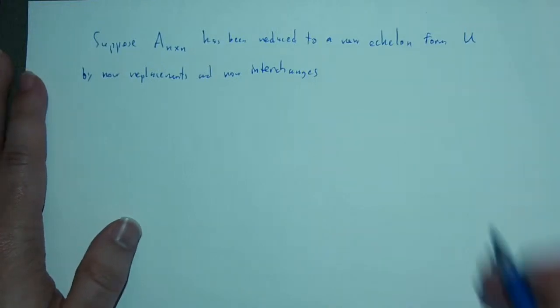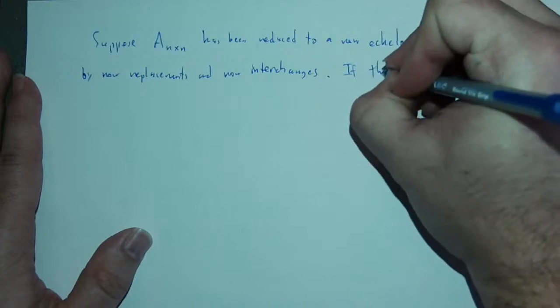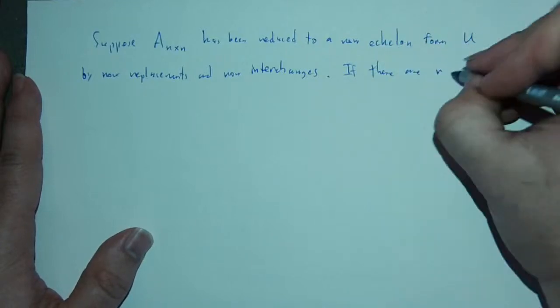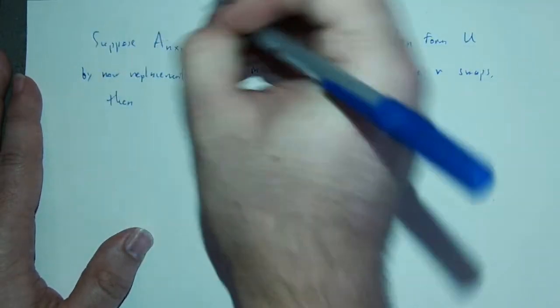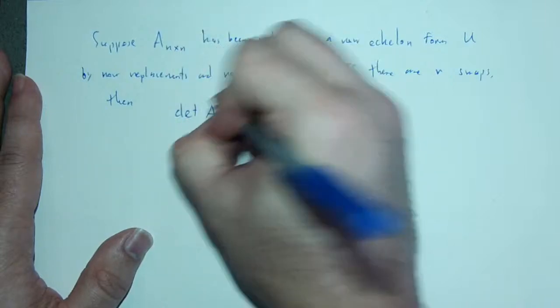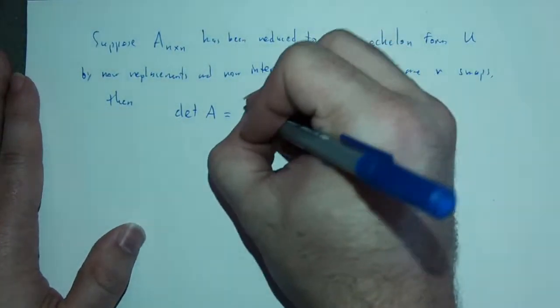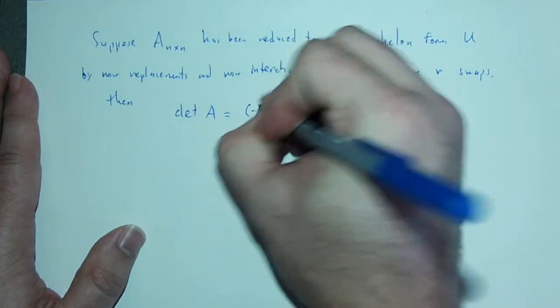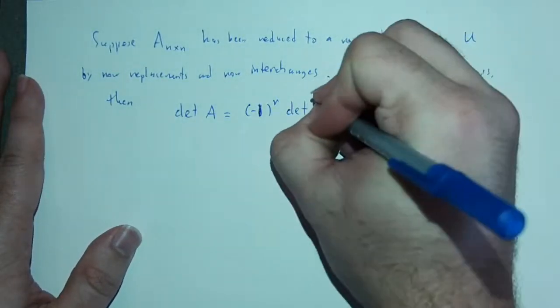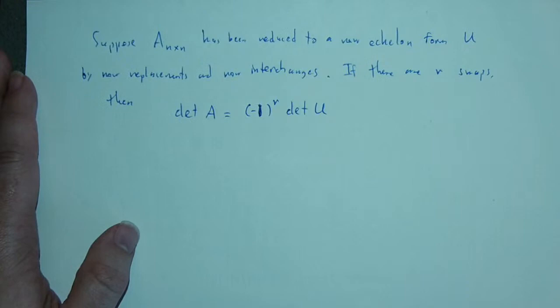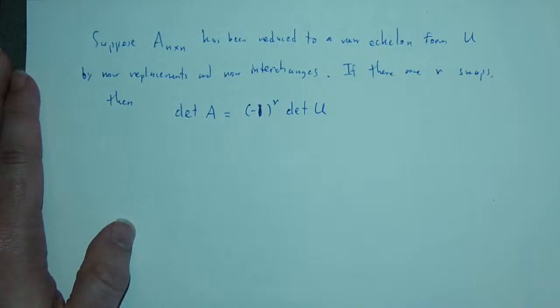If there are R swaps, then that previous theorem says that the determinant of our matrix A is -1 to the number of swaps times the determinant of that row echelon form matrix, which I can compute as the product of its diagonal entries, right, since it's triangular.